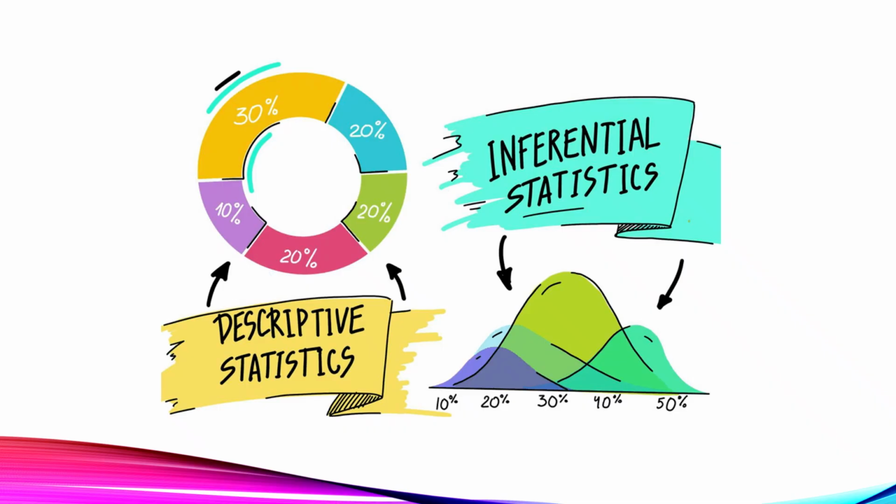While in inferential statistics, as you can see in the illustration, it involves a normal curve. A normal curve is used to predict data. So having a sample, you want to predict what the result would be if you did the same with the entire population. So predicting is inferential statistics, and describing is descriptive statistics.